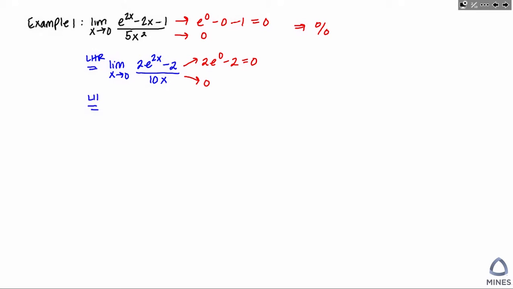Now we have the limit as x goes to 0 of 4 times e to the 2x over 10 by differentiating top and bottom, and by evaluating directly, we get 4e to the 0 over 10, which is the same as 4 over 10 and not indeterminate, or by simplifying, we see our limit is 2/5. Notice here the indeterminate form 0 over 0 yielded 2 over 5 as the final answer. And we needed to apply L'Hopital's rule or do some other work in between to determine our limit answer.